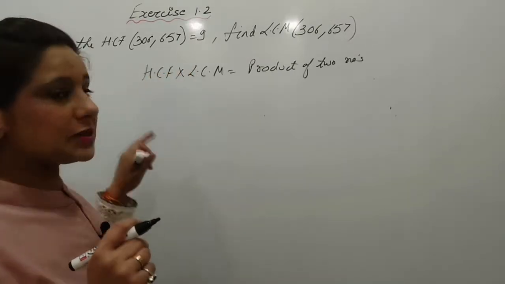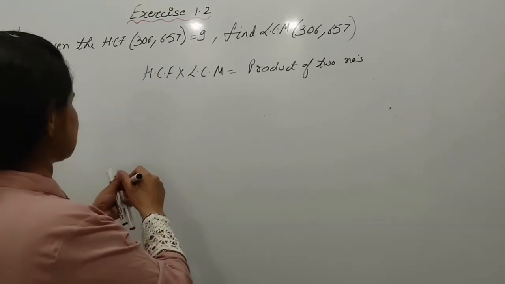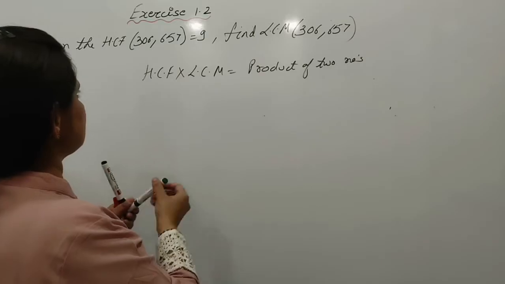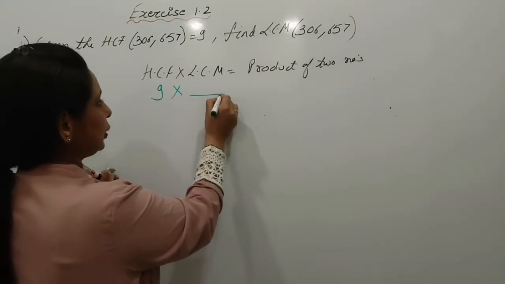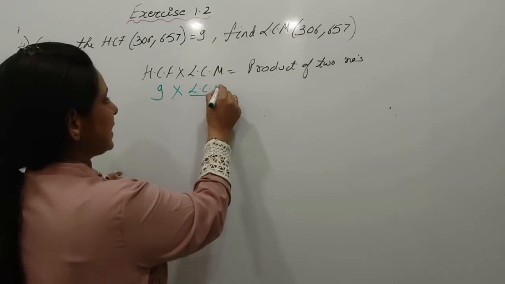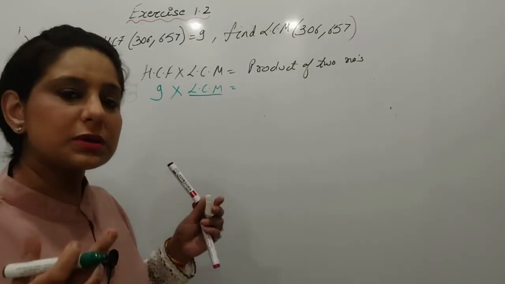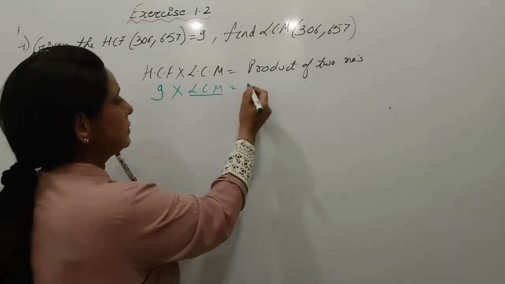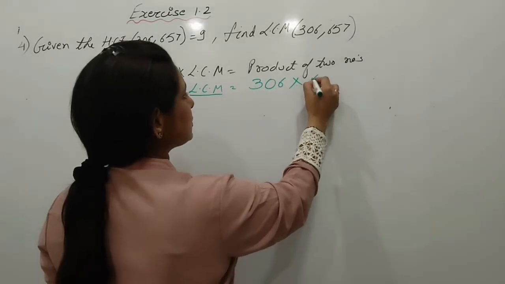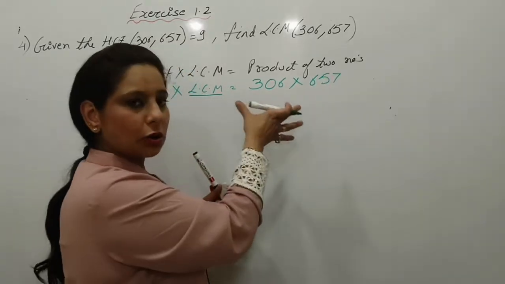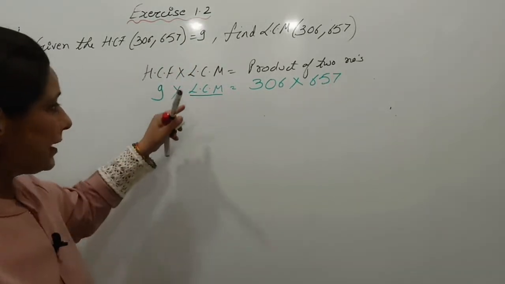Now the HCF is already given. HCF क्या है इस क्वेश्चन का? The HCF is 9 and LCM is not known, so we will write LCM and product of two numbers. What are the two numbers? क्या है वो दो numbers? ये दो numbers हैं 306 into 657, product of two numbers. अब हमें निकालना है LCM.